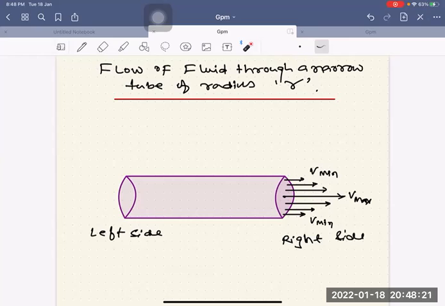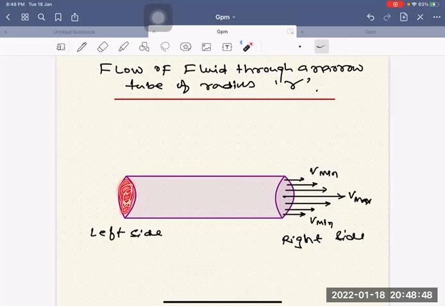तो left side is what about the pressure, level of pressure? Left side high pressure or low pressure? Sir, right side. If the flow is this way, तो यहाँ पे pressure high होना चाहिए या low होना चाहिए?